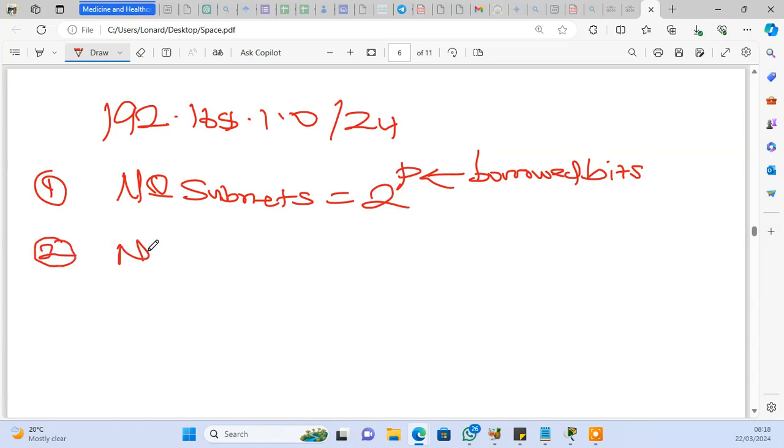Number of usable hosts, usable IP addresses.